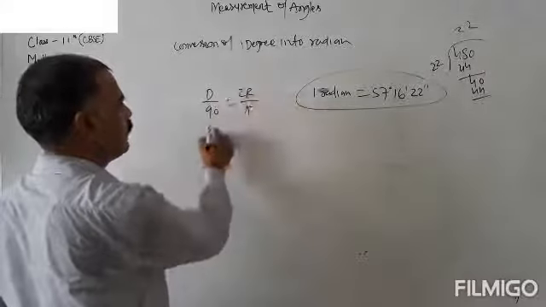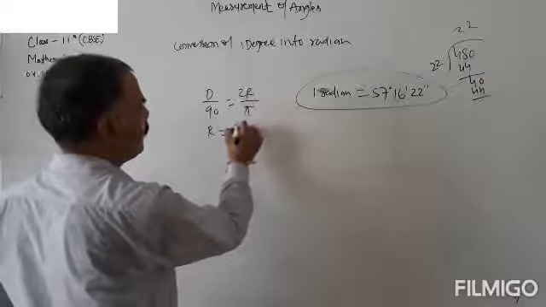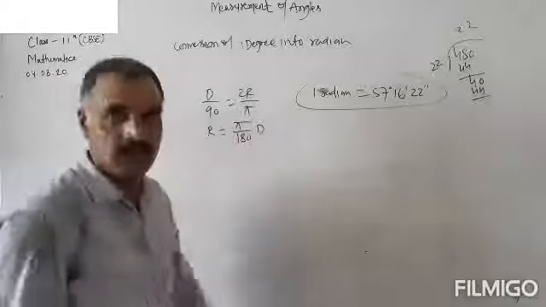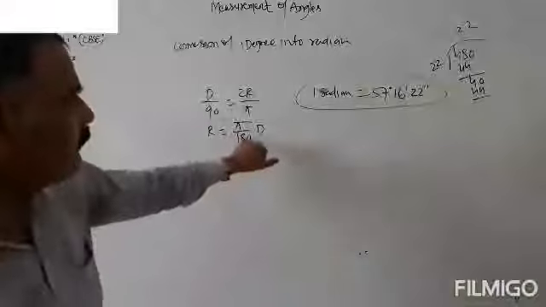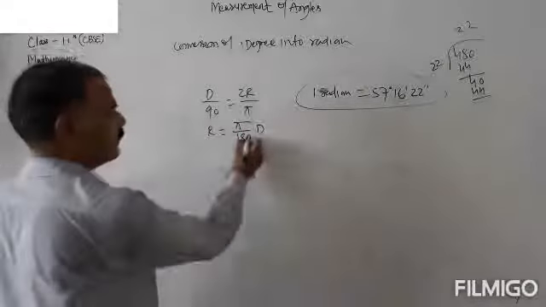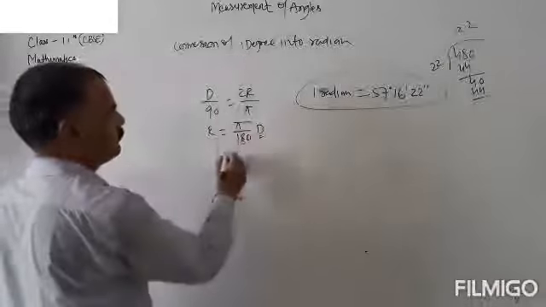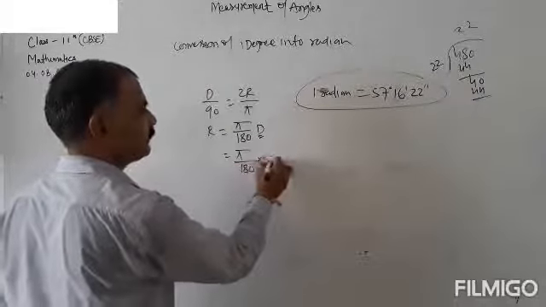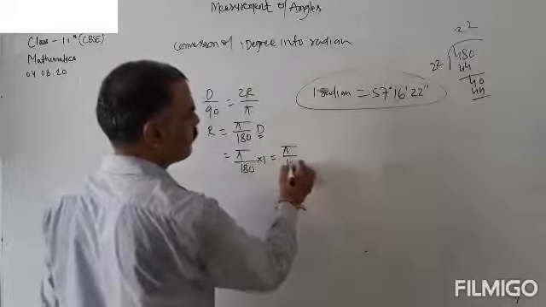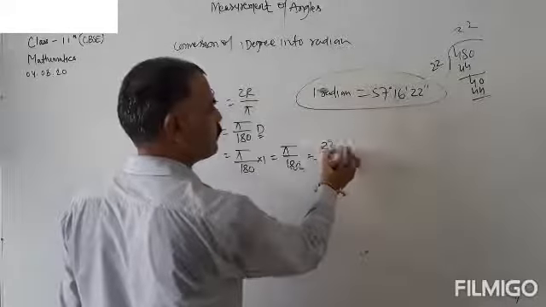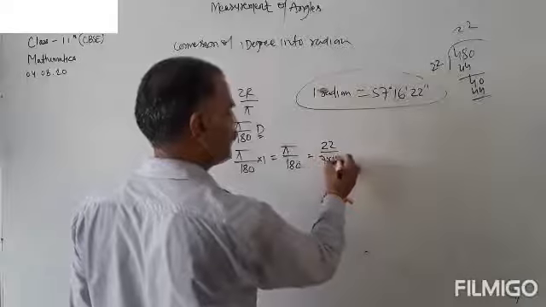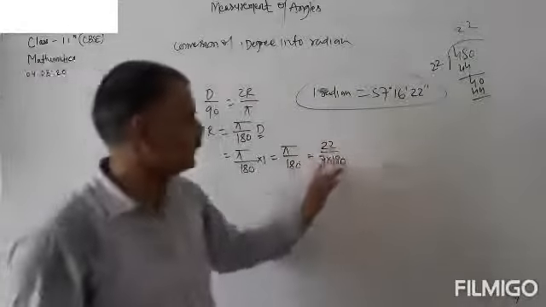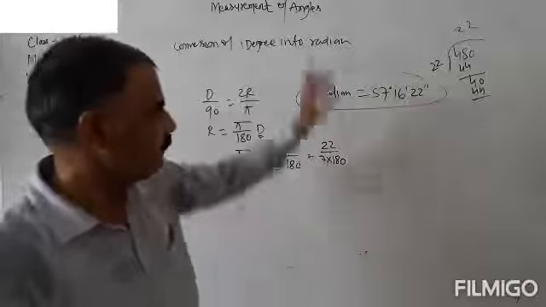Okay, so R is equal to pi upon 180 into D. Now degree is equal to 1, so pi upon 180 into 1, that is pi upon 180, and pi is equal to 22 by 7, so 22 upon 7 into 180.